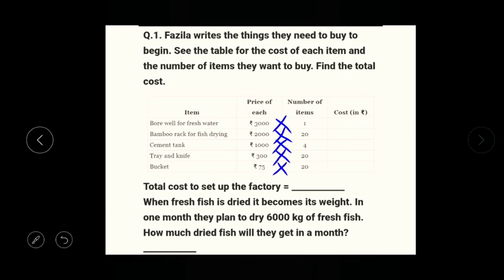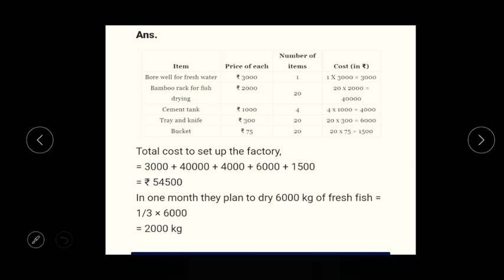We get this table. If we multiply 1 by 3000, we get 3000. If we multiply 20 with 2000, we get 40,000. If we multiply 4 with 1000, we get 4000. If we multiply 20 with 300, we get 6000. If we multiply 20 with 75, we get 1500.